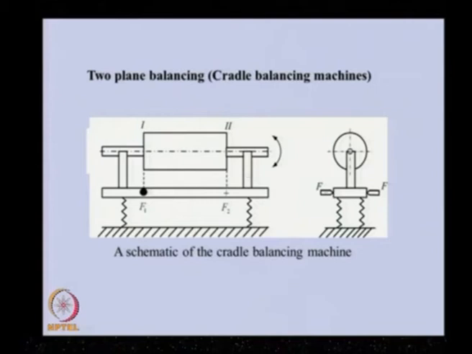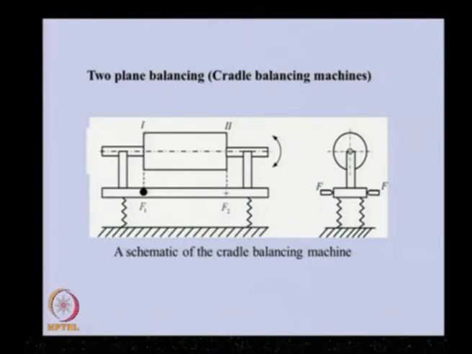Now, in this there is a provision to fulcrum or pivot this particular frame either at the F1 location or the F2 location, which is just below this plane and this plane. Basically, in the real rotor we can add balance here or here.